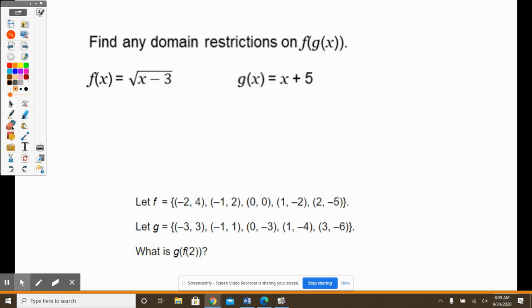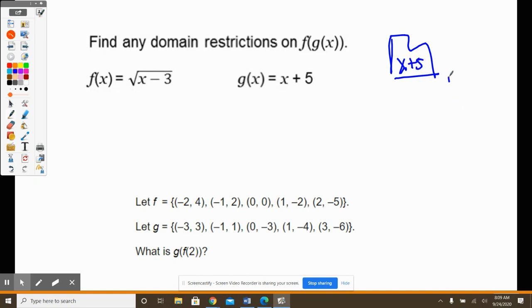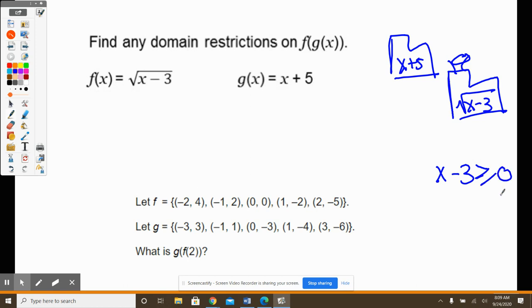Okay, how about this one? f of g of x. So g is happening first. That is x plus 5. f is happening second. That is the square root of x minus 3. Okay, so what do I know about this machine? Nothing breaks the first one. What would break the second one? x minus 3 has to be greater than or equal to 0.